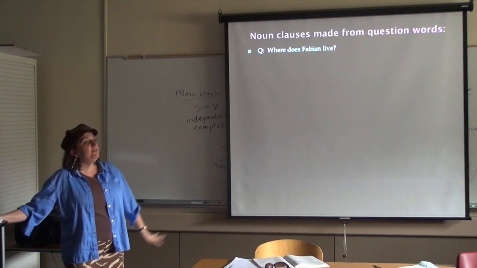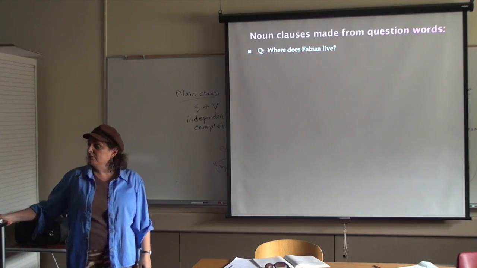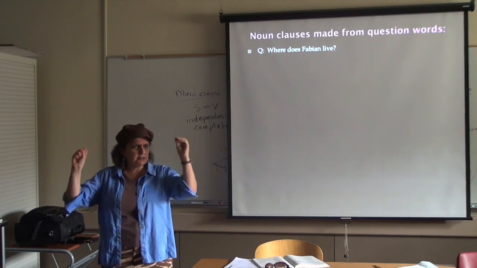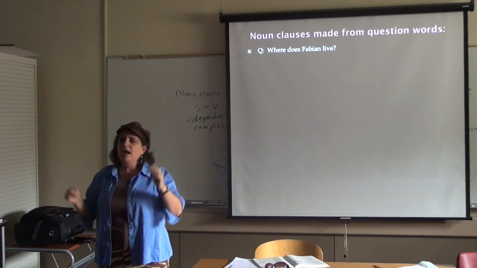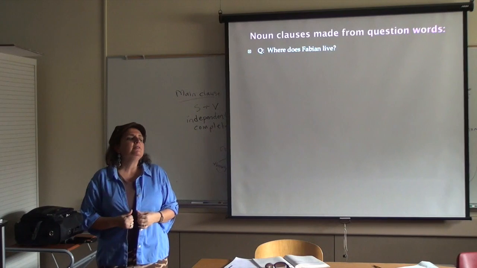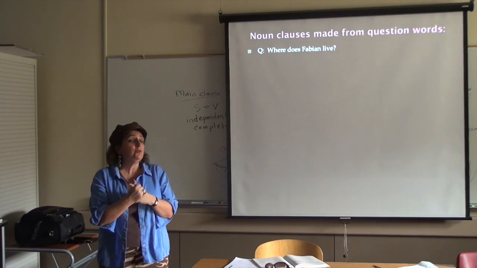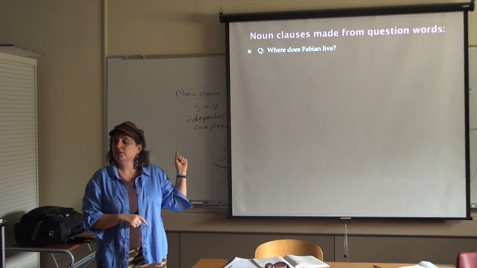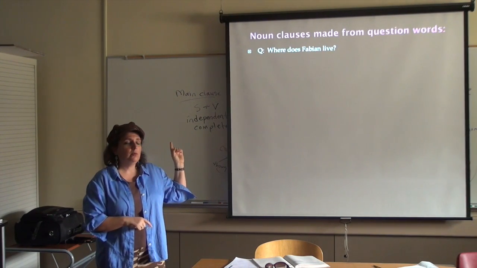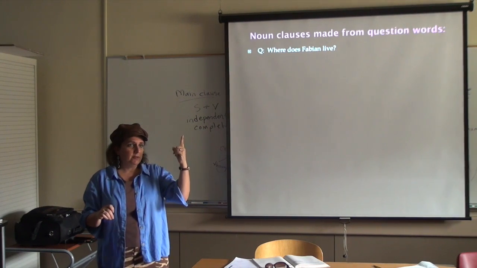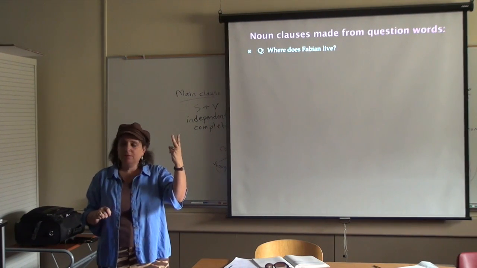Where does Fabian live? That's a question, right? That's a complete sentence, a complete thought. It's correct. It's complete. How do I make that into a noun clause? I start with my noun clause word. Where? Subject? Verb?